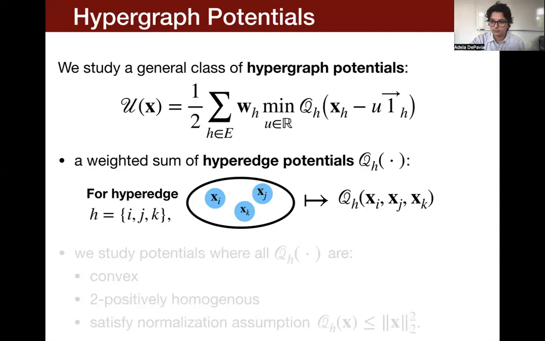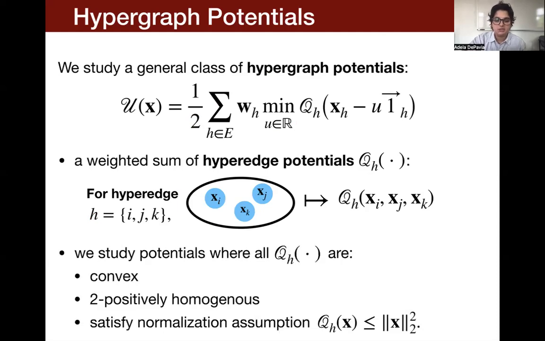So to give a brief overview of the results in the paper, we study a very general class of hypergraph potentials, which are produced by considering a weighted sum of hyperedge potentials. Each hyperedge potential is a way of measuring variation over the entries of that hyperedge. So in particular, we study the setting where all the hyperedge potentials are convex, two positively homogeneous, and satisfy a normalization assumption.